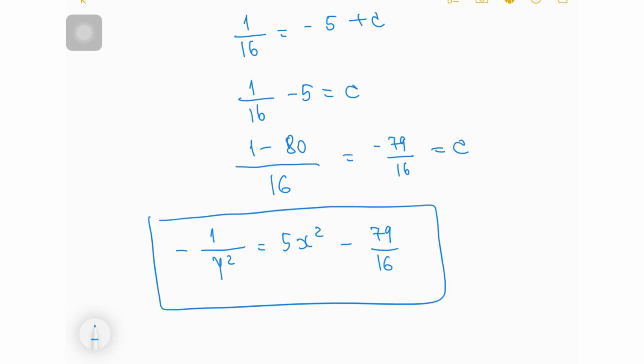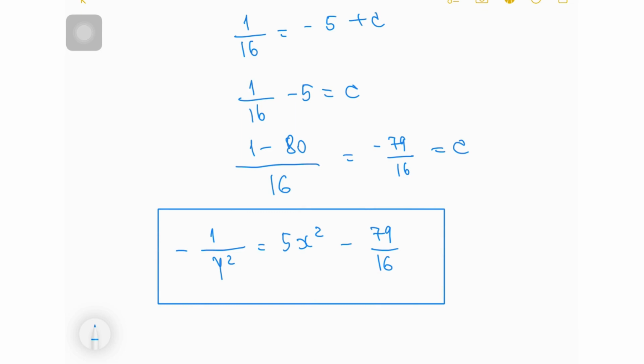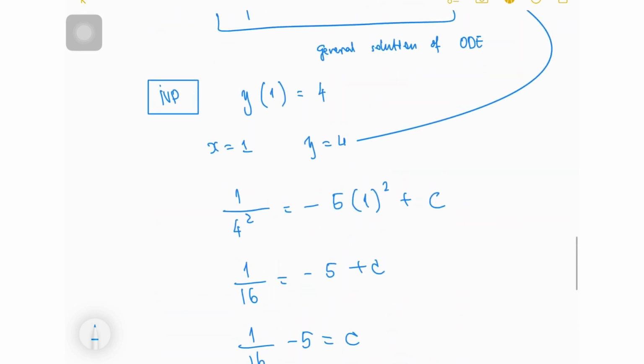And that is the specific curve that we have as a solution of this problem with the initial or boundary condition for this problem, or the initial value if you want. So this is the initial value. Okay.